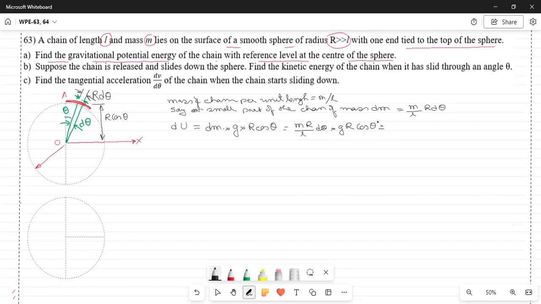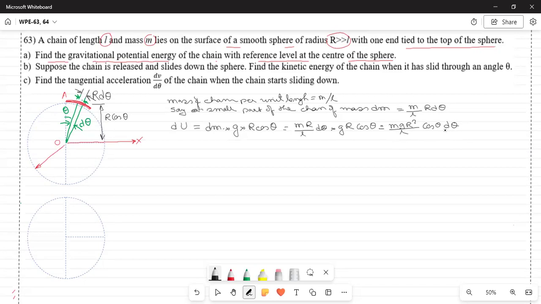This is equal to mg r square by L cos theta d theta. So the potential energy of this small part of the chain is mg r square by L cos theta d theta.